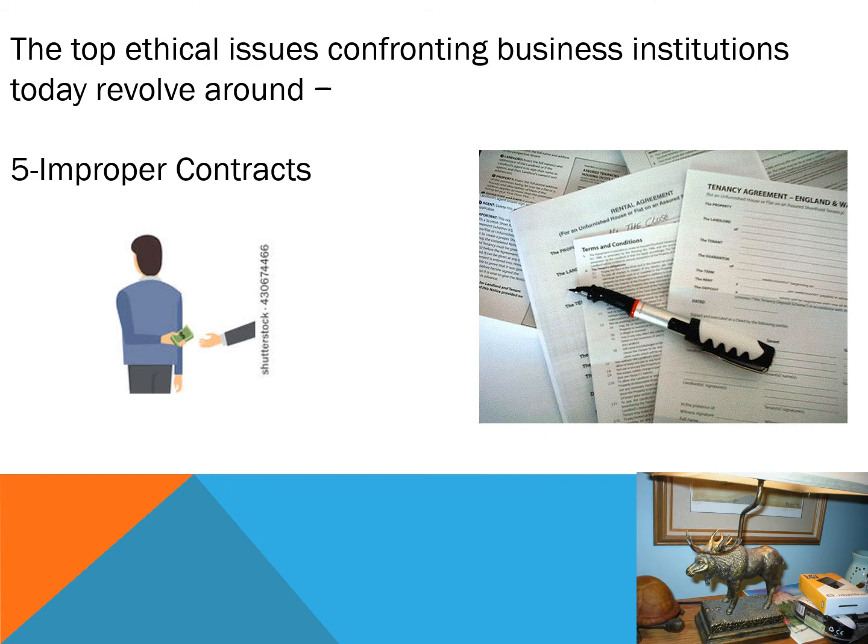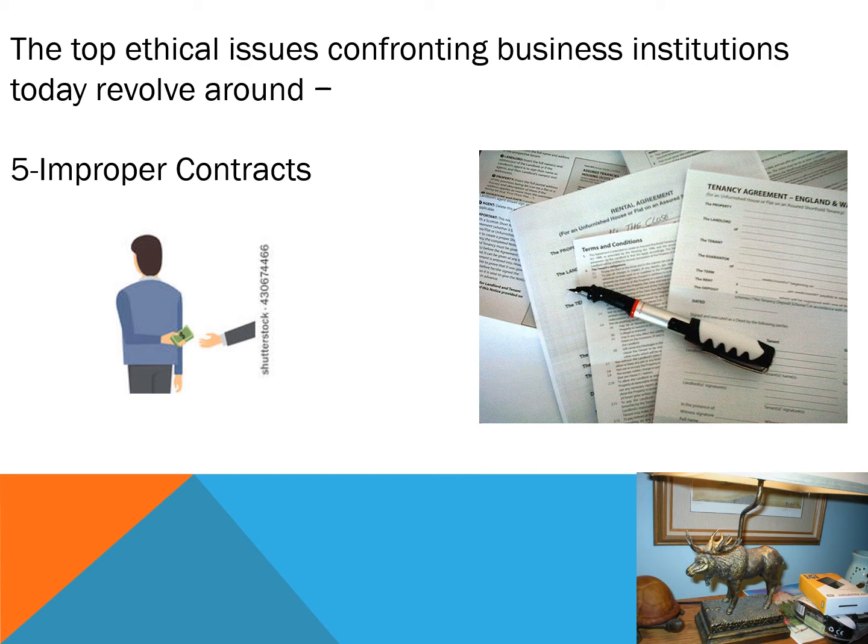Top ethical issues confronting business institutions today revolve around improper contracts. There are different things that you do. People make behind the back payoffs to get favoritism in dealing with contracts. Sometimes the best price and the best quality are not what gets you the contract. So much purchasing, so much authority at lower levels sometimes.